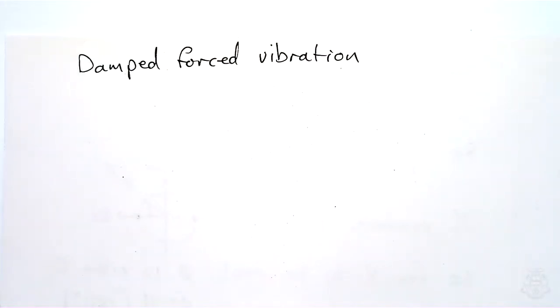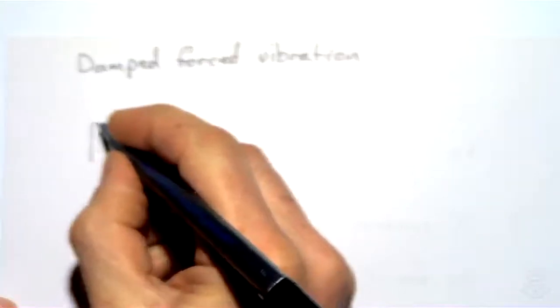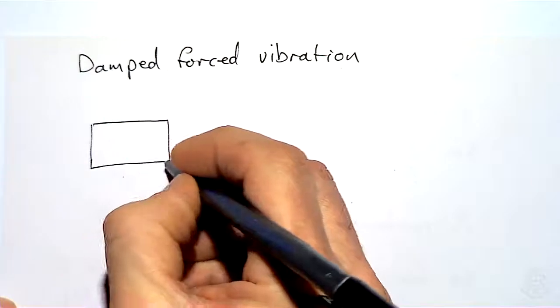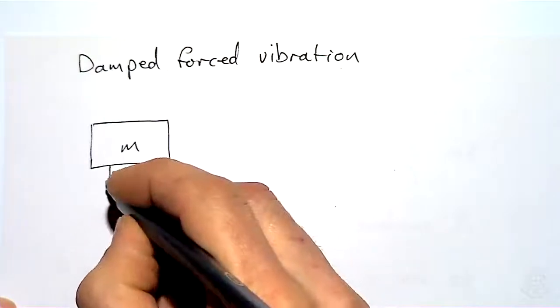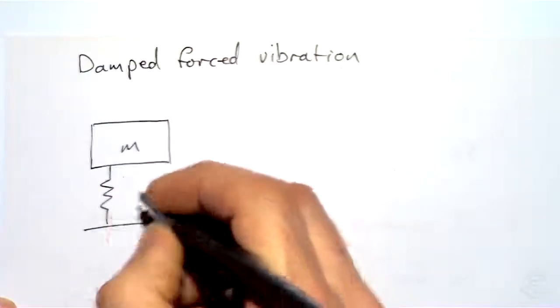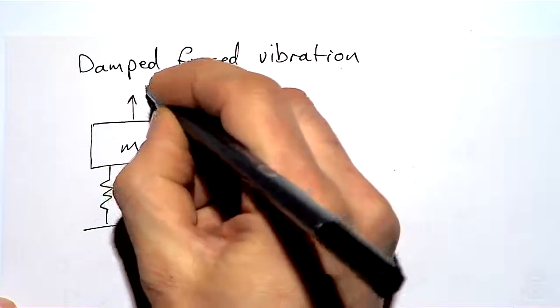And as I say, we're going to go through the same type of derivation, but we're going to add a damping element to the system, okay? So we're going to start just where we did before with a mass, spring, and f of t.